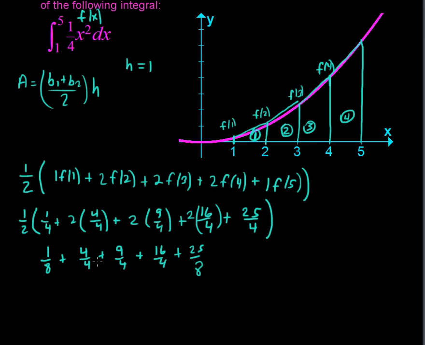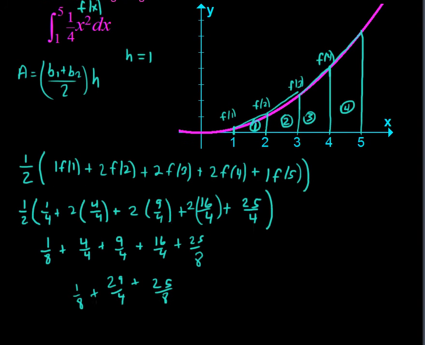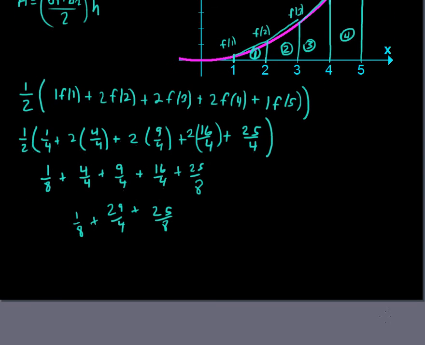All right, well, if we put the fourths together, 4 plus 16 is 20, plus 9 is 29/4. And then this ends up being 1/8 plus 25/8. Move things down a little bit. All right, so if we put the eighths together, that is 26/8.